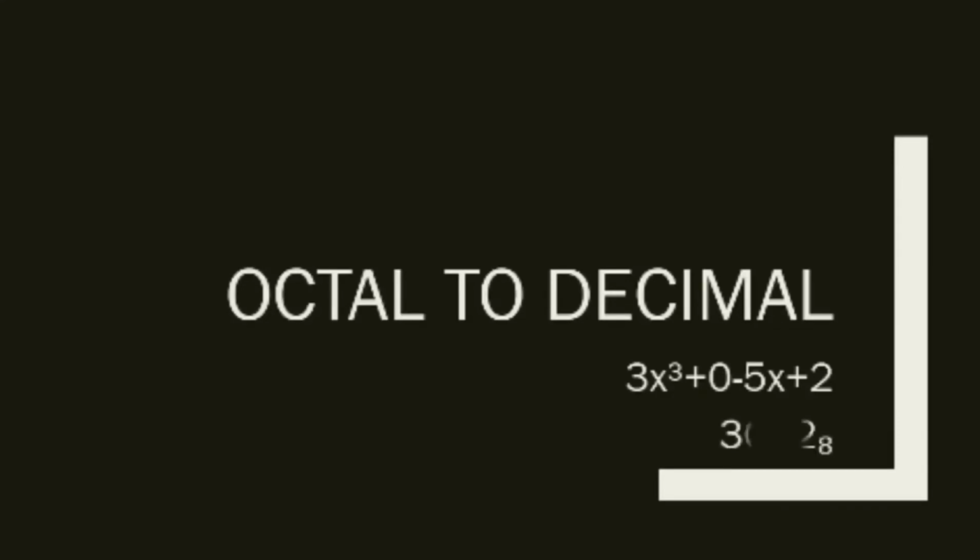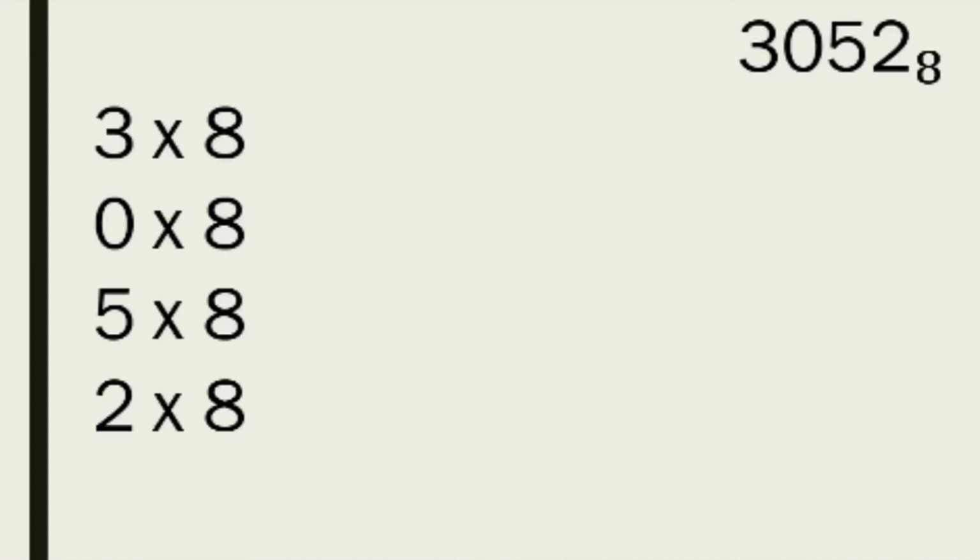Write down the given octal numbers starting from left: 3, 0, 5, and 2. Then multiply each digit by 8. Since octal number system consists of 8 numeral combinations, use an exponent and multiply each digit by 8.